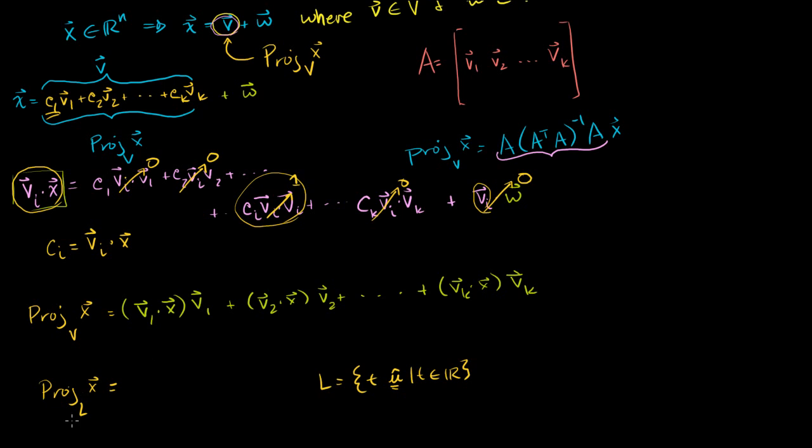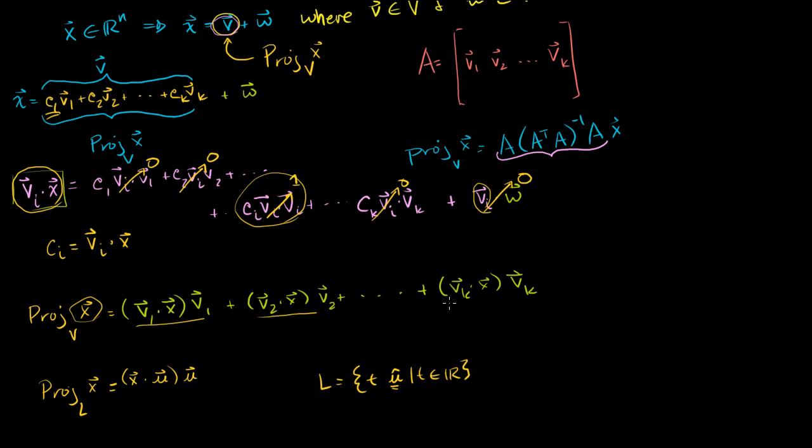Then the projection onto a line simplified to the formula x dot u times the vector u. This was a projection onto a line. Notice, when we're dealing with an orthonormal basis for a subspace, when you take a projection of any vector in Rn onto that subspace, you're essentially just finding the projection onto the line spanned by each of these vectors, right? X dot v1 times the vector v1. You're taking x's projections onto the line spanned by each of these guys.